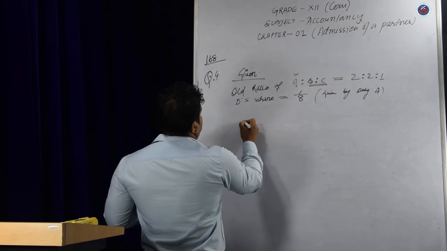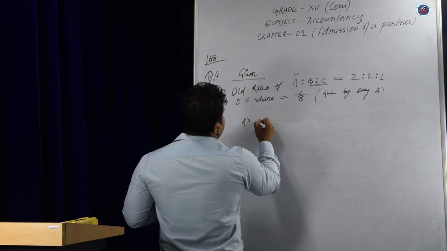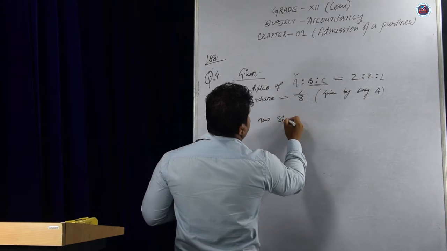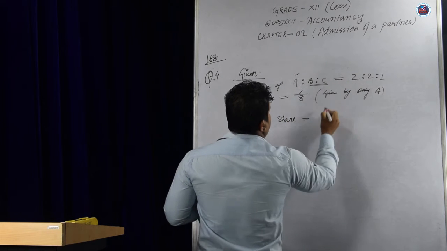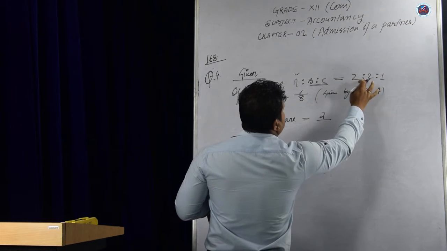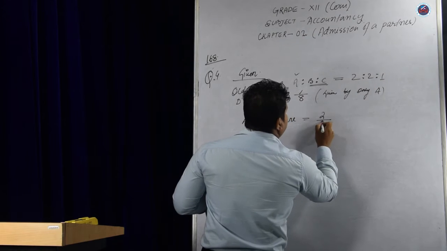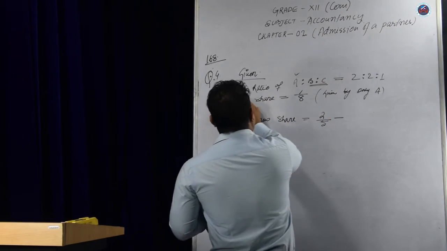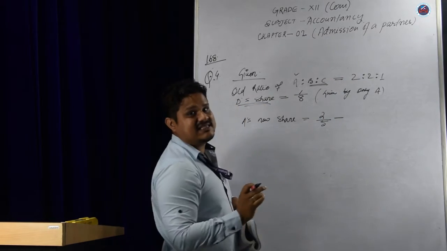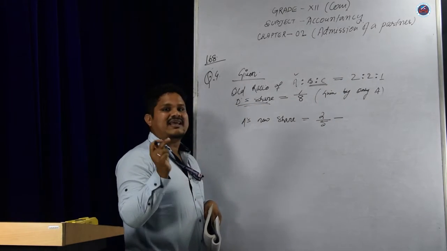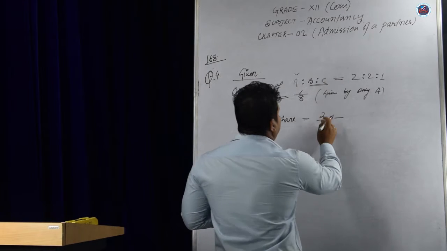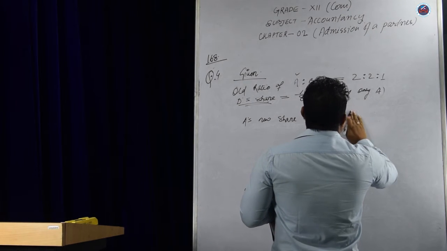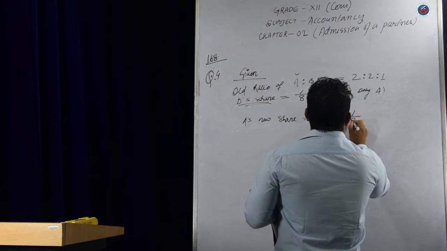So we write here A's new share equal to old share, 2 by 2 plus 2 is 4, 4 plus 1 is 5, so 2 by 5, minus this share. Why? Because the question mentions that this share will be given by A only. So 2 by 5 minus 1 by 8.